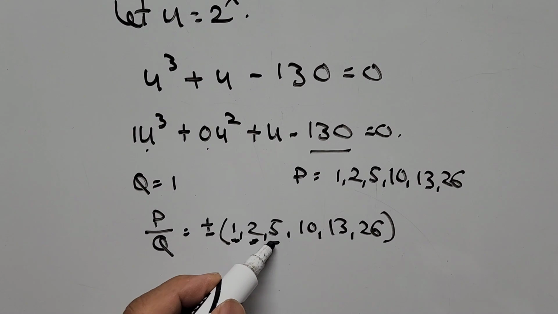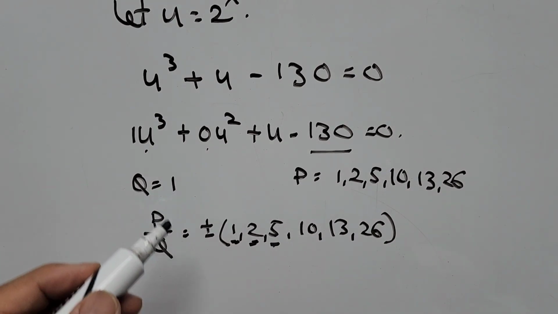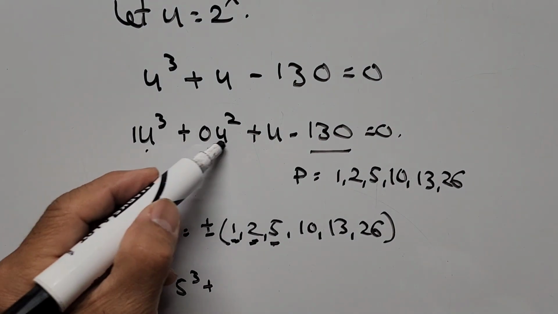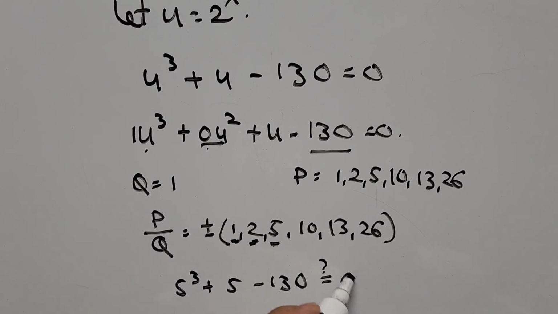How about trying 5? Substitute 5 to the equation. So we have 5 cubed plus, since this is 0, so we have 0 right there, and we have u right there. So 5 again minus 130. So would this be equal to 0?